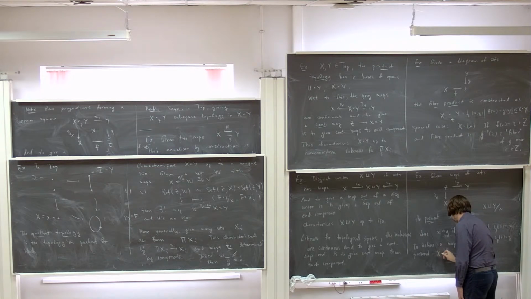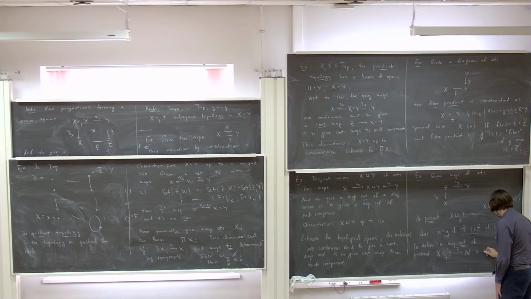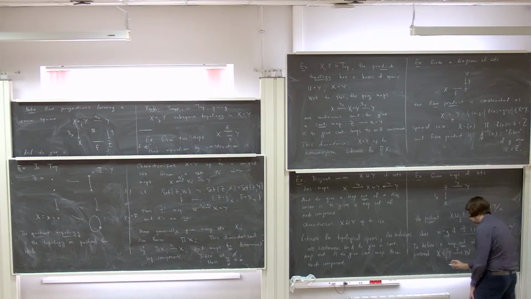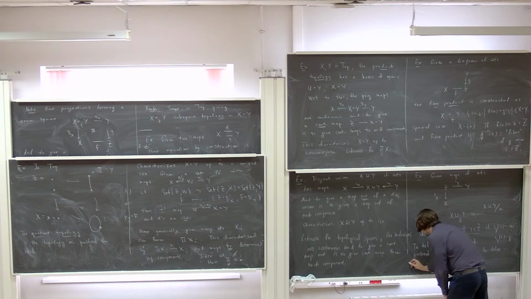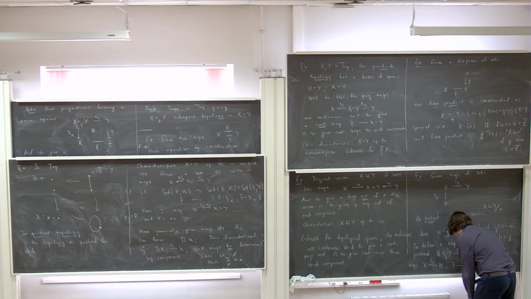So let me draw it. If I have a map of sets like this, this is the same as to define 2 maps, one out of x, one out of y, such that they agree on z.